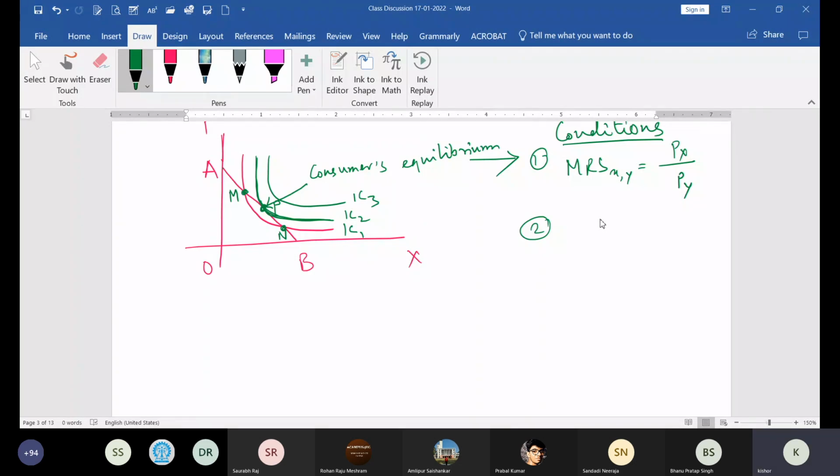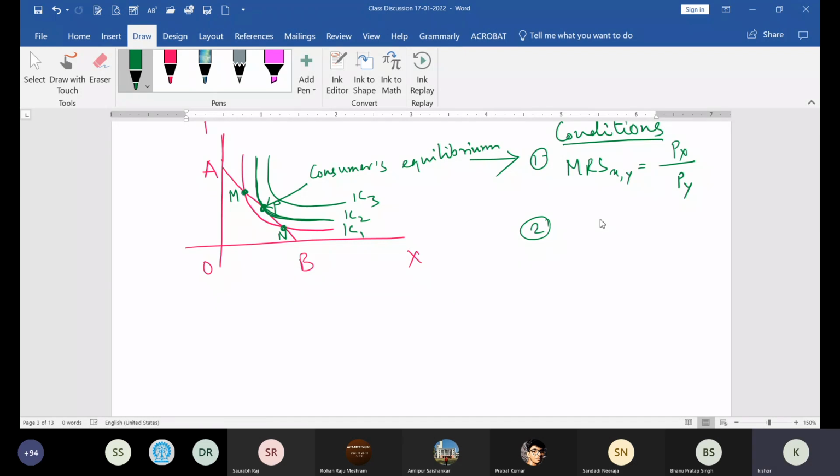I have drawn only 3, but this is an indifference map, so this budget line will cut so many indifference curves. But to a particular indifference curve, it will be tangent.